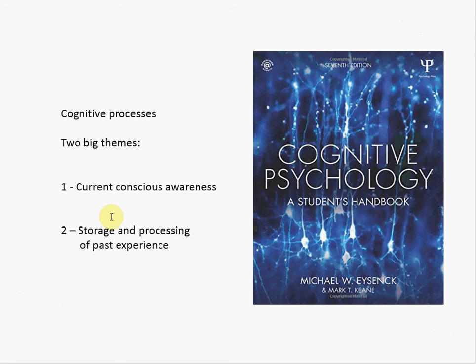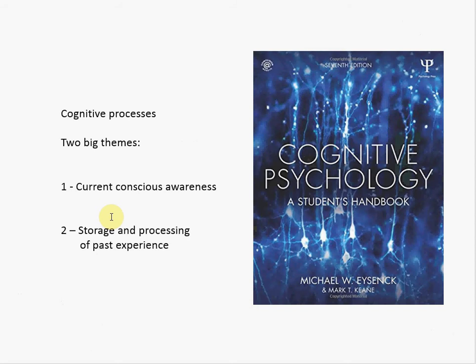And it's worth noting quickly that there's a huge emphasis now in modern cognitive psychology on the implicit effect of our past experience, how things that have happened to us before can affect our current behaviour and thoughts without us actually being aware of it implicitly.